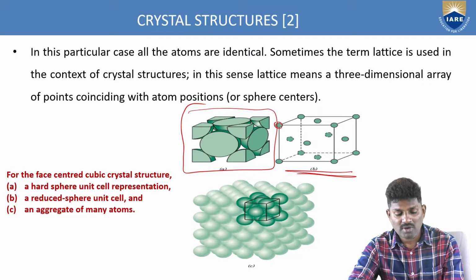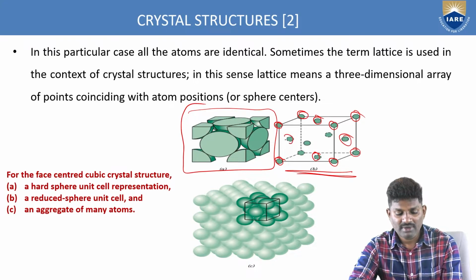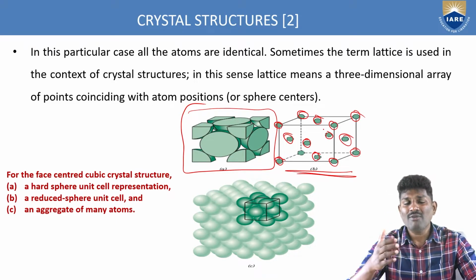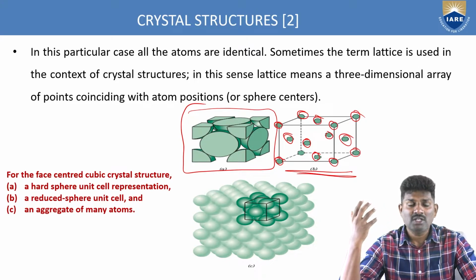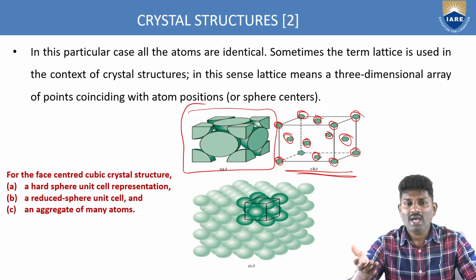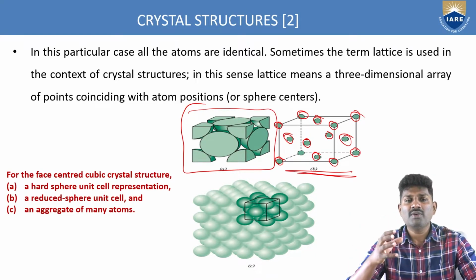So here you have bonding, here you have bonding, at all the corners you have the bonding, and again on the upper face you have one more bonding, on the bottom face, two sides you have, and front and back. So completely you have bonding at all the different faces, starting from the 8 corners, and you have the front face, back face, top and bottom, and right and left. So every point you have the bonding.